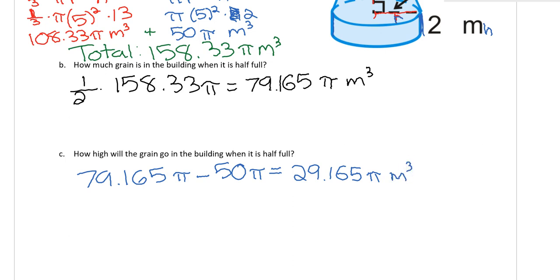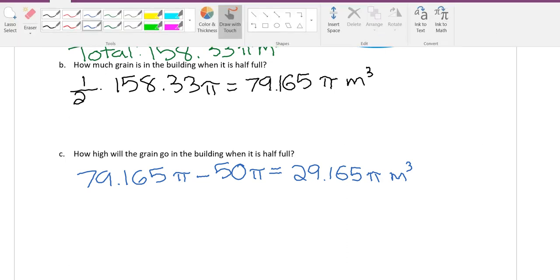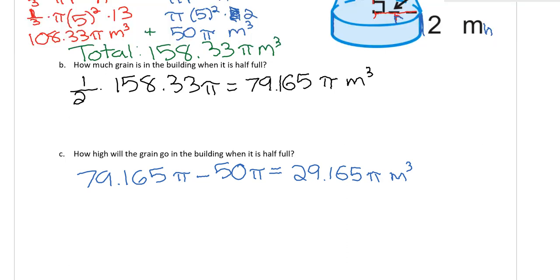So now I want to see how high it is going to go up in my cone. Okay, so for my cone, I now know I have a volume of 29.165 pi, which equals pi times my radius, which is still 5, so 5 squared, times h. I just want to know what my height is going to be.